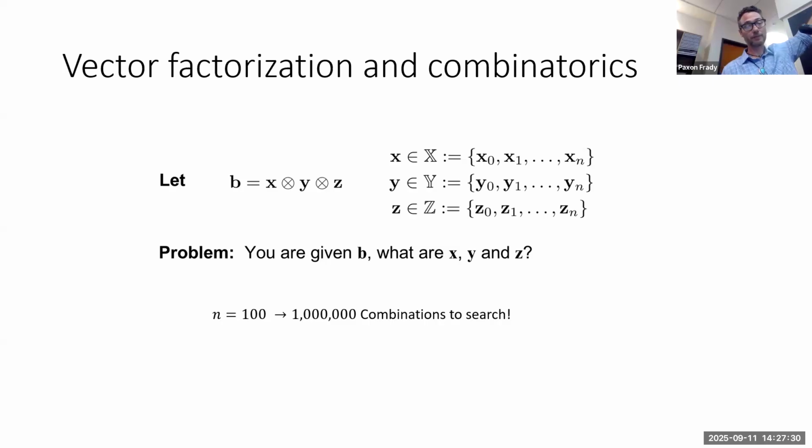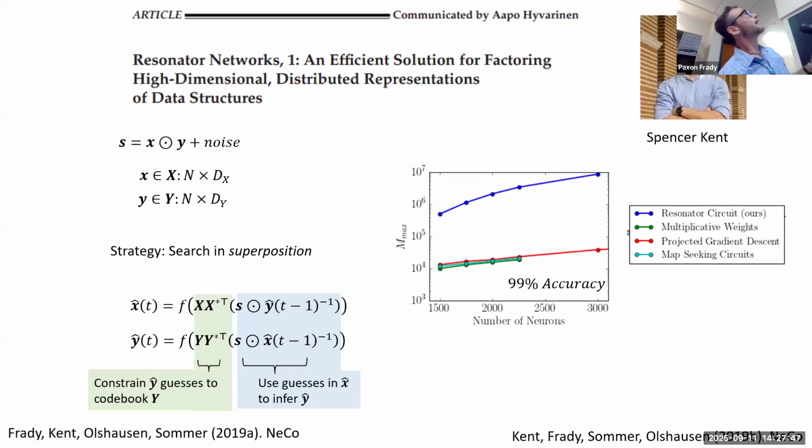What we used to have to do was enumerate every combination of X, Y, and Z and compare each to B. We would have to enumerate 1 million combinations of different vectors and do the dot product to solve this problem. But we discovered an iterative solution that can help us without needing to enumerate all the 1 million combinations.